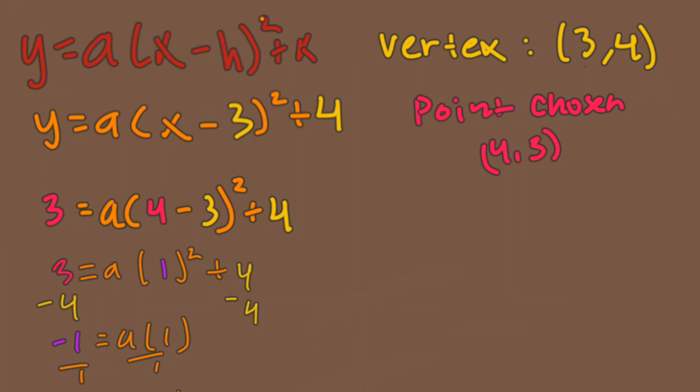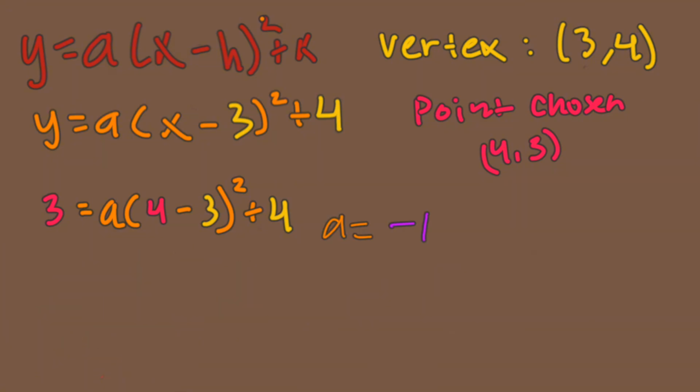So 4 minus 3 is 1. 1 squared is 1. We're going to subtract 4 from both sides. That will get us a -1, and that will get us -1 is equal to a times 1. Divide both sides by 1 and we get a is equal to -1.